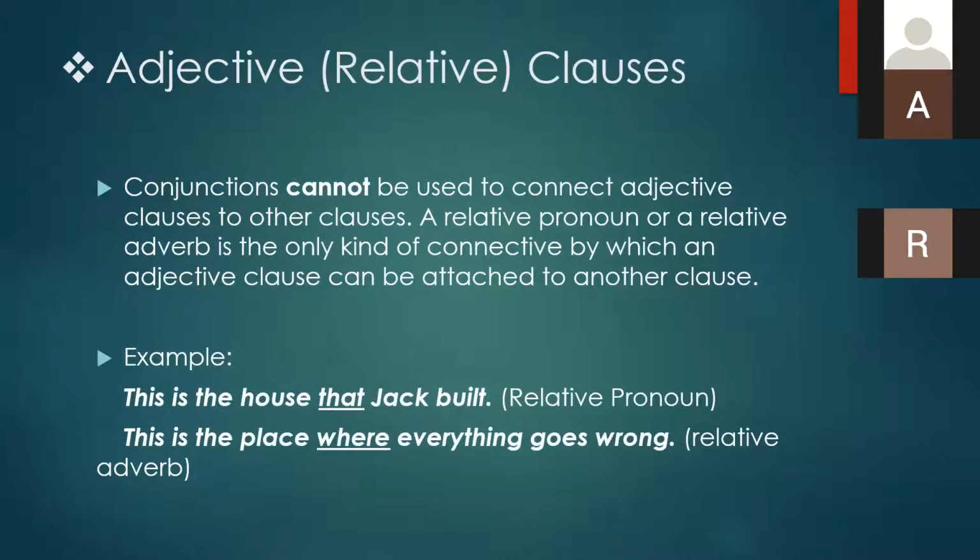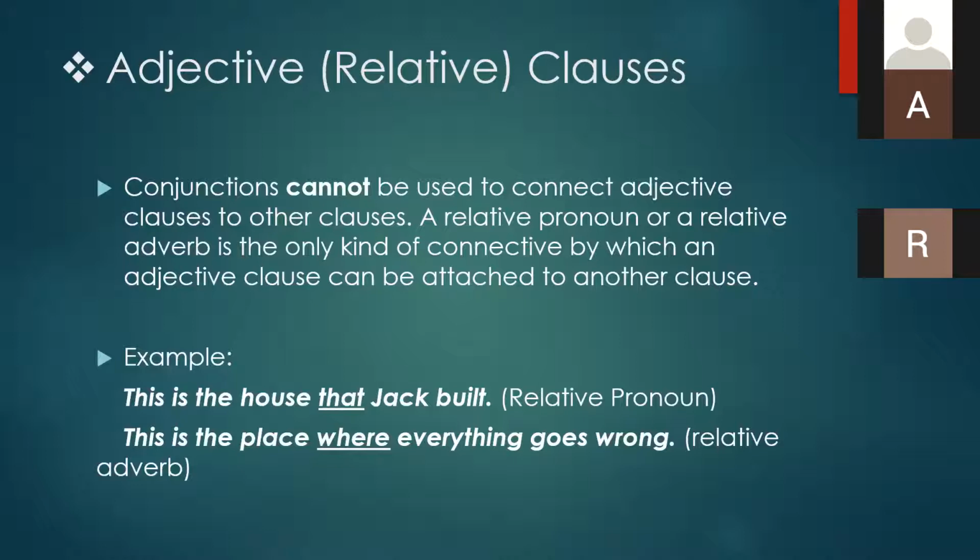So now we are moving on to adjective or relative clauses. So in this case, conjunctions cannot be used to connect adjective clauses to another clause. Instead, we'll be using a relative pronoun or a relative adverb, which is the only kind of connective that can be used to connect an adjective clause to another clause.